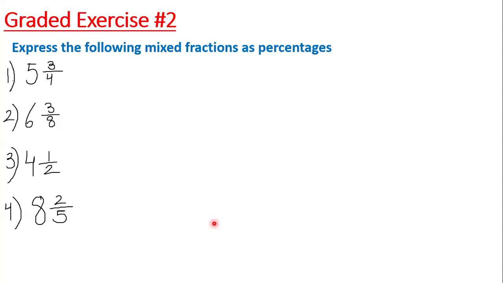Mr. Petit, question. When you're doing the cross multiplication, so 8 and 100, would I be able to cancel both by 4 and then go from there? You could do that. Okay, thank you. Mr. Petit, after this slide, can you go back to the slides before the graded exercise, please?